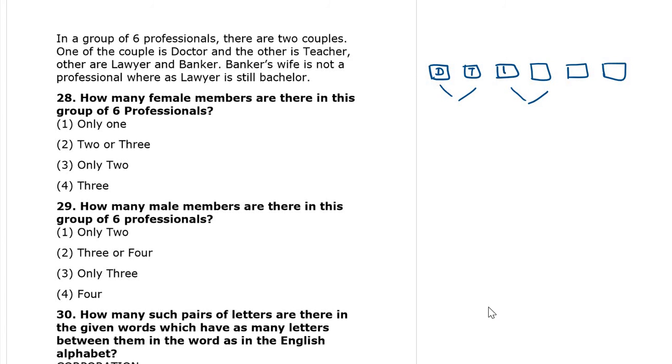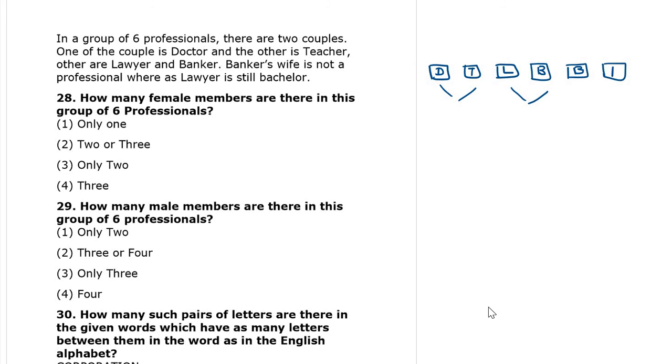And the next one is lawyer and banker. 2 more professionals are there. That is tricky here. Banker's wife is not a professional. So one more banker is here. Banker's wife is not a professional. That means we are not including the banker's wife because that is non-professional.